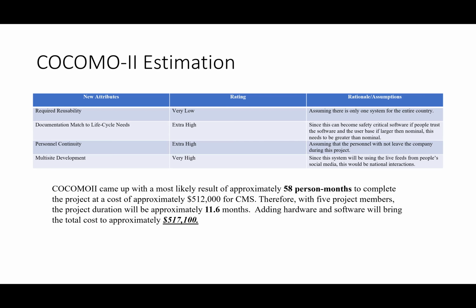And with 5 project members, the project duration will be approximately 11.6 months. Then adding hardware and software will bring the total cost to approximately $517,100. And we'll get into the hardware and software costs coming up.